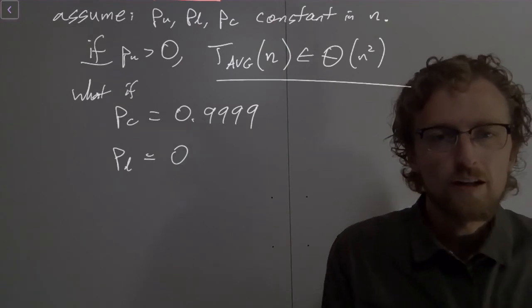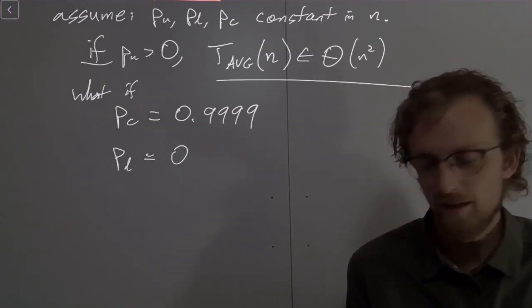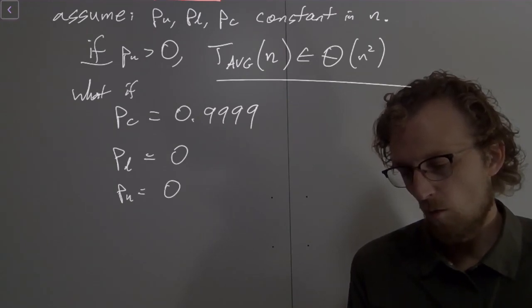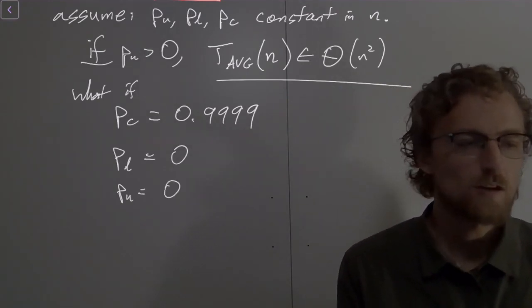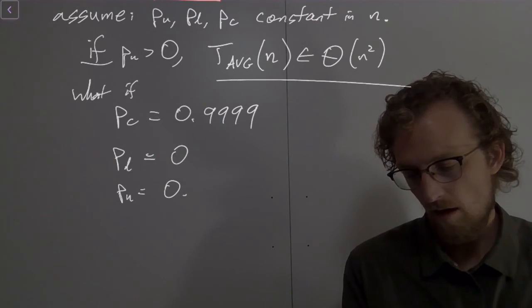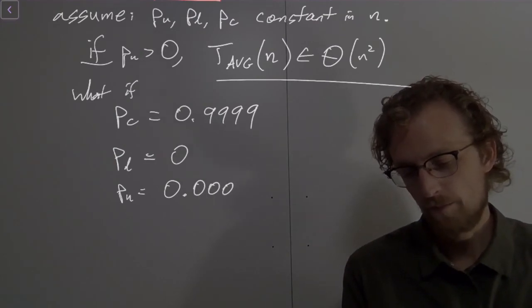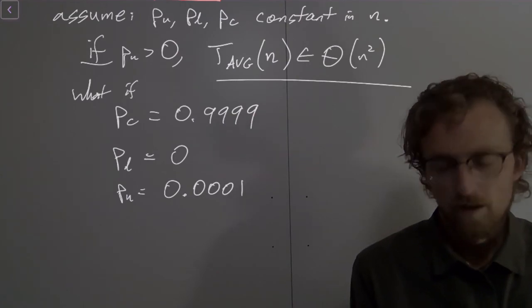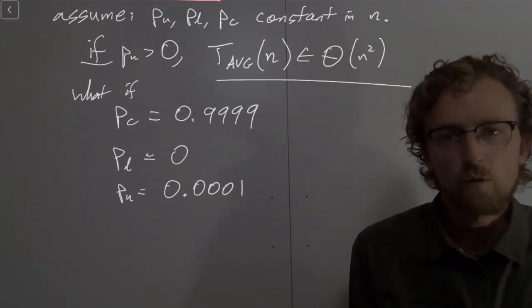Let's try to cook this thing as much as we can to give us a fast running time. And then PU is 1 minus 0.9999. I'm going to get the number of zeros wrong. There we go, 0.0001. So what if this is the case?